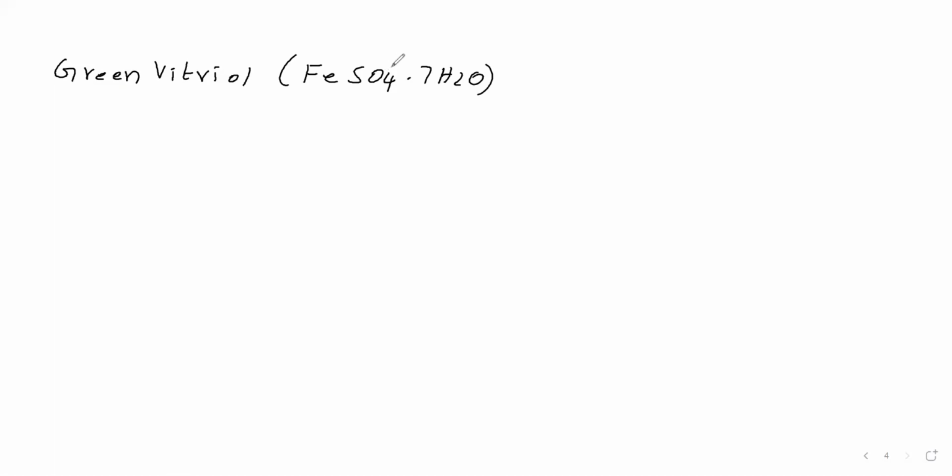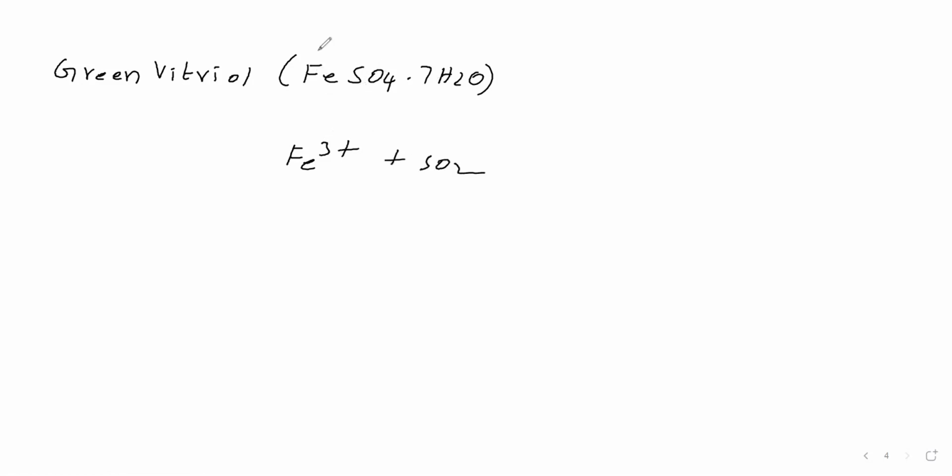So, this green vitriol on strong heating, what happens? Water molecules will escape away. Then this ferrous will convert into ferric. The sulfate will convert into sulfur dioxide.